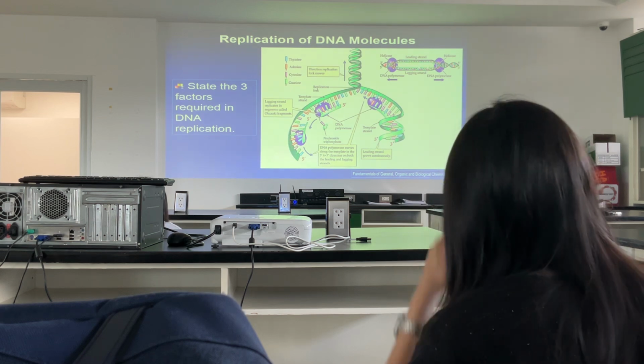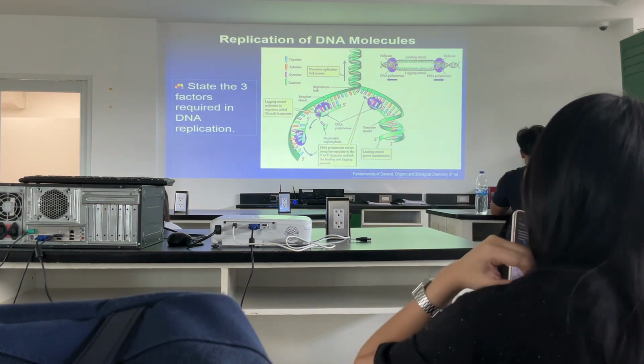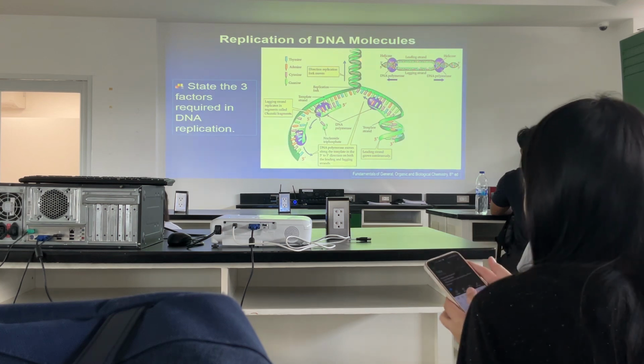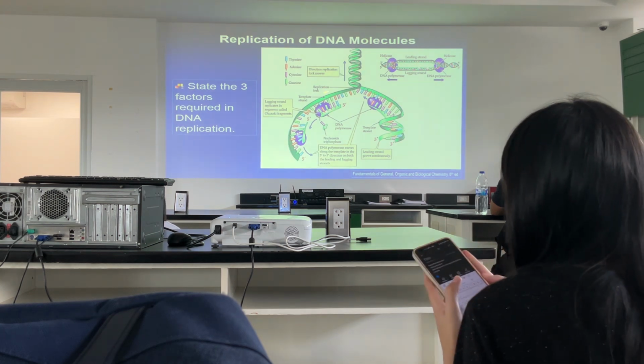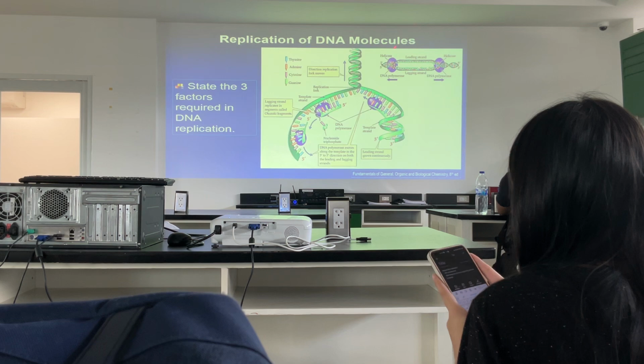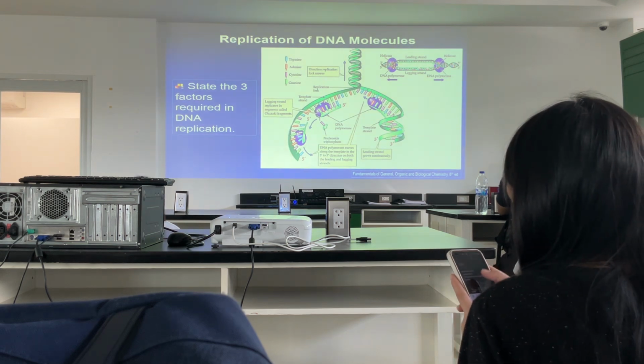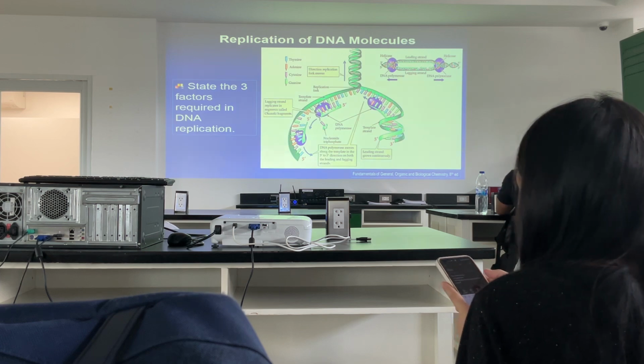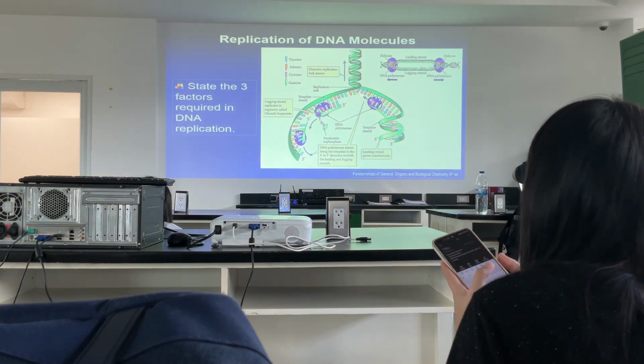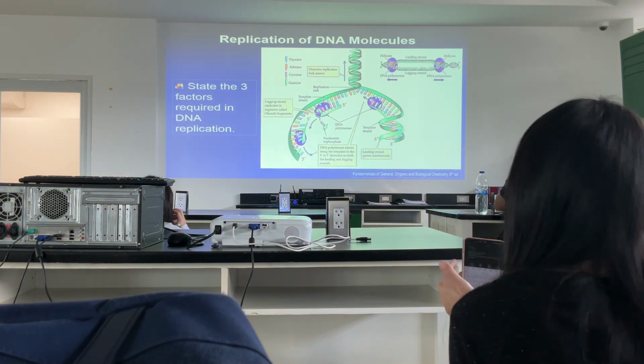Before DNA replication can occur, the DNA double helix should unwind, and the enzyme doing that is DNA helicase. So you have DNA helicase and DNA polymerase.